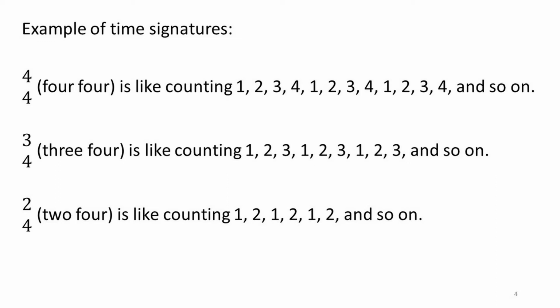In 3/4 time signature, you just count 1, 2, 3, 1, 2, 3, 1, 2, 3, and so on. This is commonly used in waltz music. For the time signature 2/4, you just count 1, 2, 1, 2, 1, 2, and so on. Marches and polkas use this kind of meter.